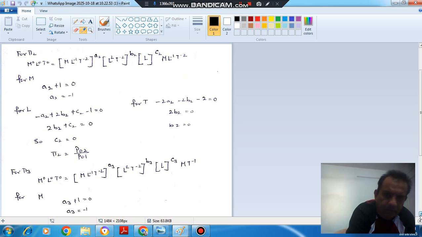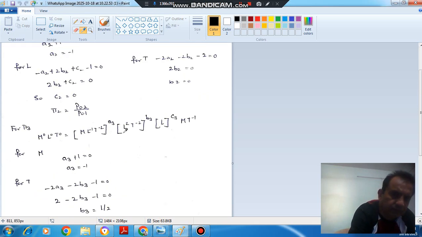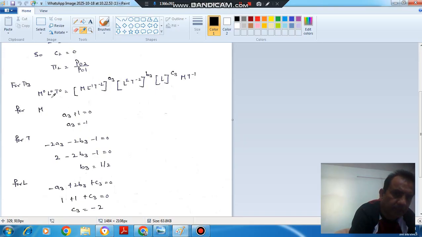Similarly, in pi 3 we have mass flow rate. Again for M, A3 plus 1 is equal to 0, so A3 is minus 1. For T, minus 2A3 minus 2B3 minus 1. Putting A3 as minus 1, B3 will be 1/2. Now for L, minus A3 plus 2B3 plus C3. Putting the values of A3 and B3, C3 will be minus 2.